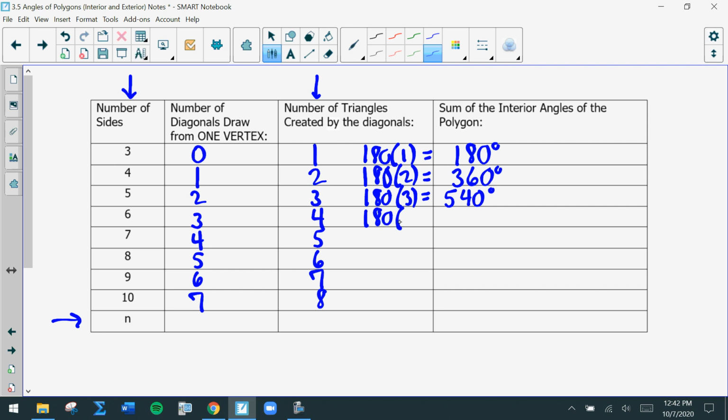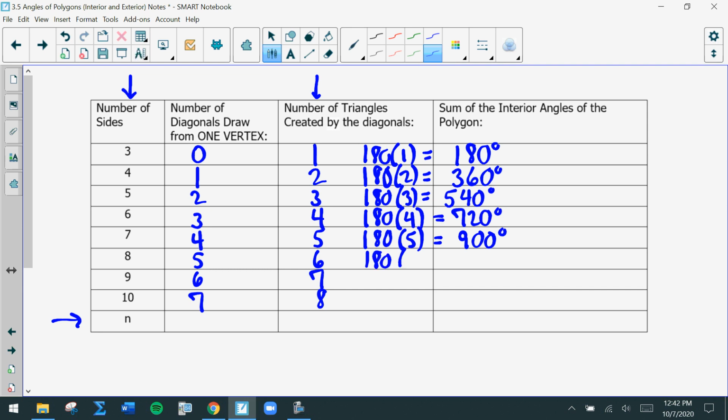And for the next one, we had 180 times the 4 triangles, and we can use our calculator to then get 720. For a 7-sided figure, we have 5 triangles that we can create. So 180 times 5 gives us 900.